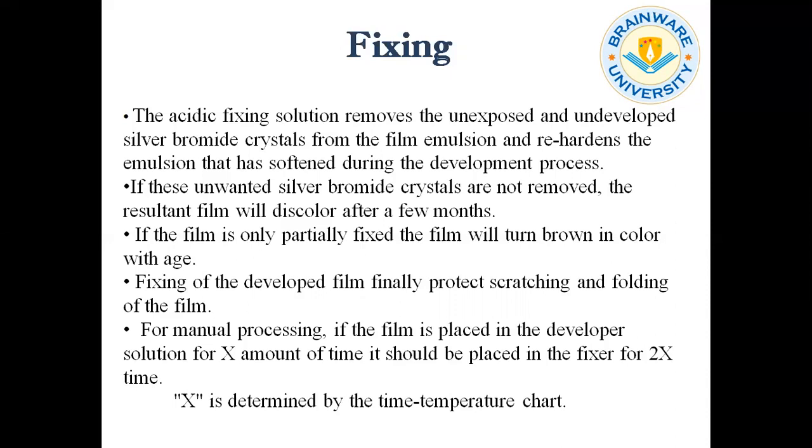So what is the function of the fixer? It will reharden the gelatin of the emulsion layer that is already softened during the development process. If these unwanted silver bromide crystals are not removed, the resultant film will discolor after a few months.